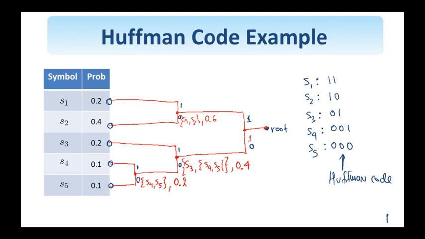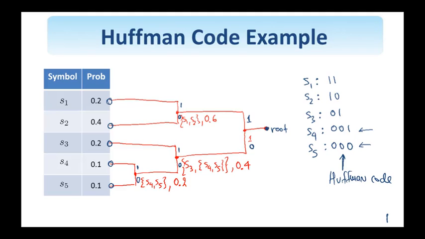We see that due to the specific construction, the two symbols that have the smallest probabilities are going to have code words with the same length. Also, clearly, due to the construction, the most frequently encountered symbols, the highest probability, are the ones that will be combined last. Therefore, they'll be closer to the root of the tree, and therefore they're going to have shorter code words than the ones that have smaller probabilities and were combined first.